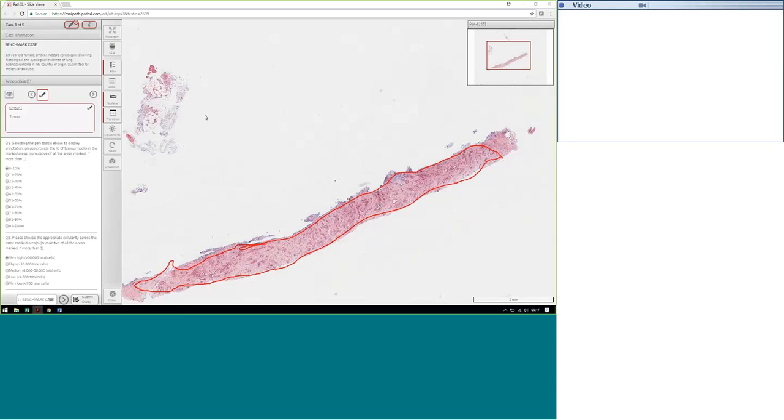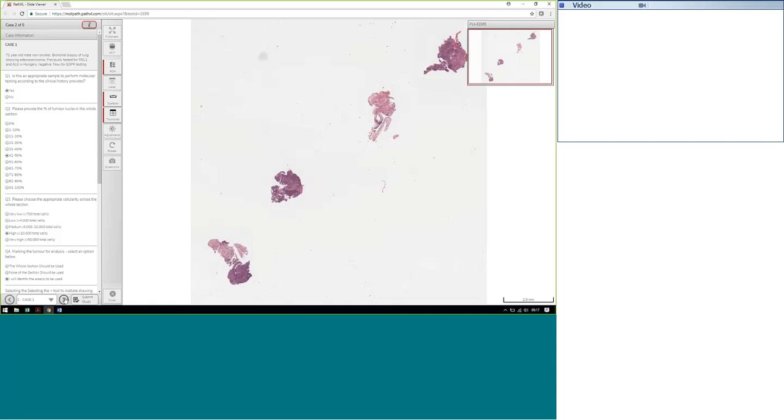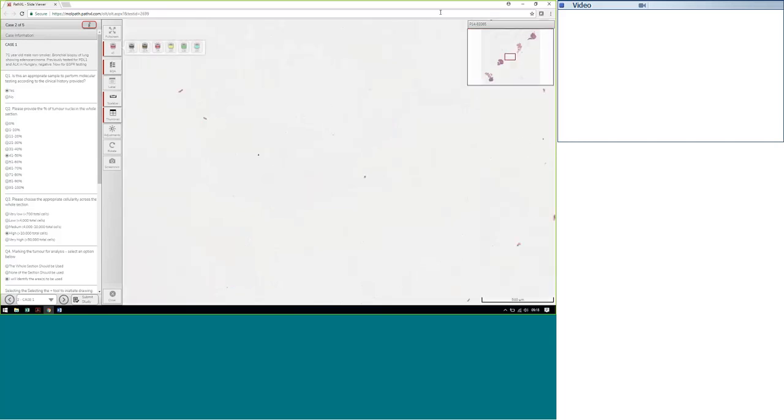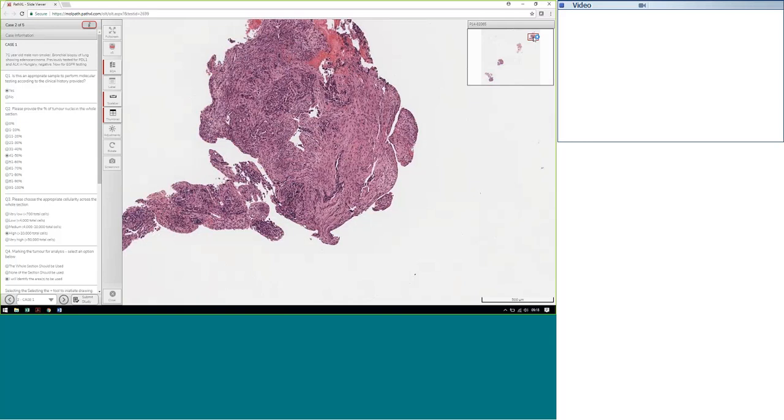Okay, well then we'll move on to case 1. With case 1, we have a biopsy from a 71-year-old non-smoker. It's a bronchial biopsy showing adenocarcinoma. If we move up to the areas of the pieces, we can see better at this magnification the individual pieces.